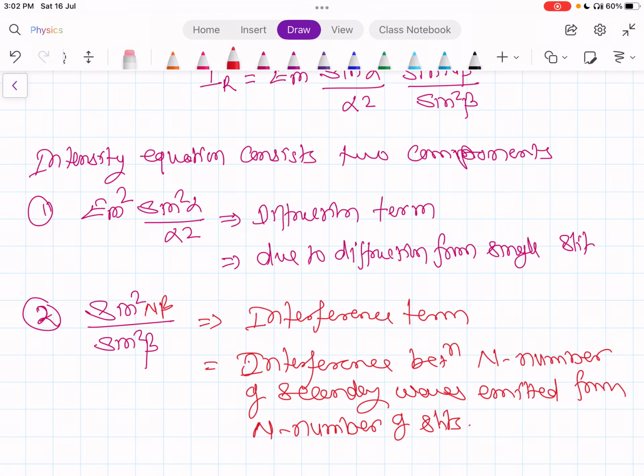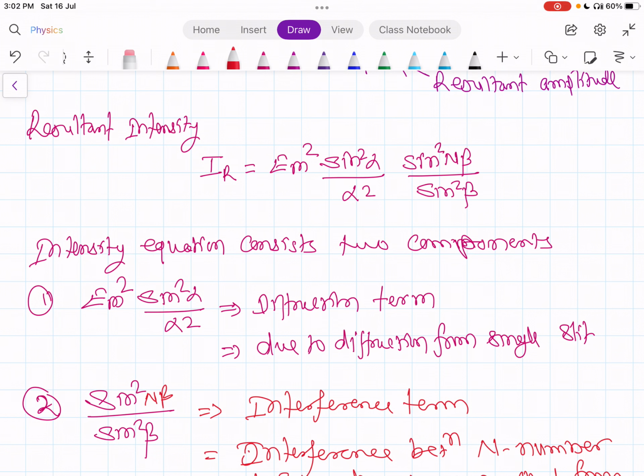So from this we can understand that the resultant intensity is the combination of diffraction effect and the interference effect. When there is diffraction from the grating, the resultant which we get is a combination of diffraction due to a single slit and interference between the n secondary waves emitted from n slits.